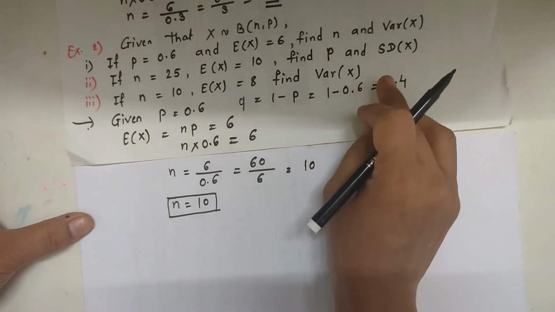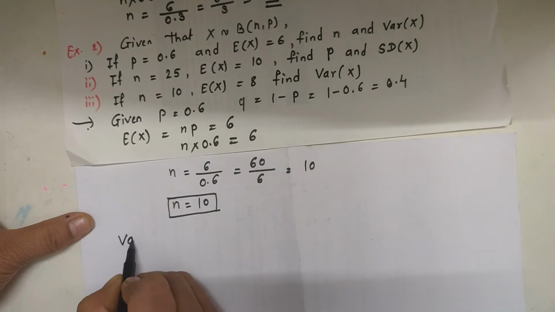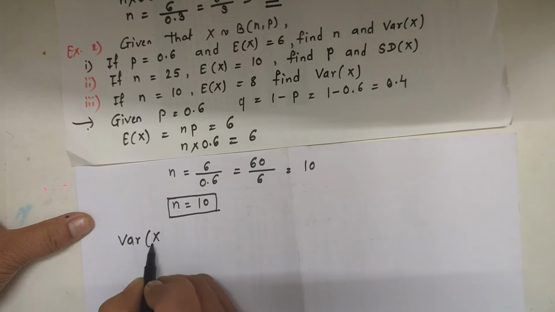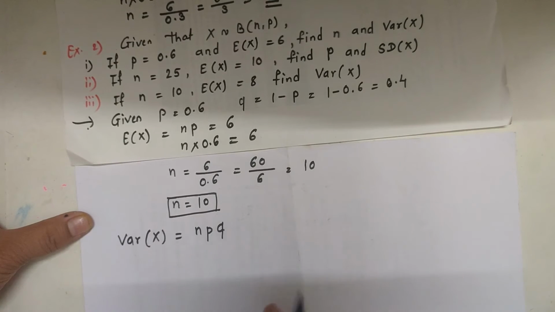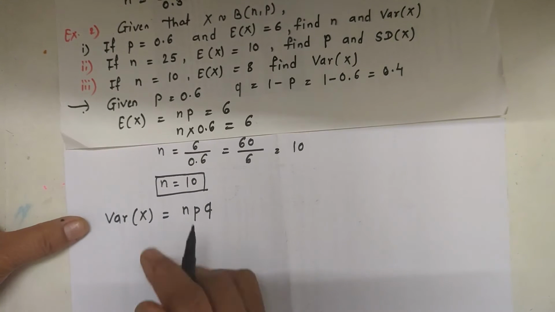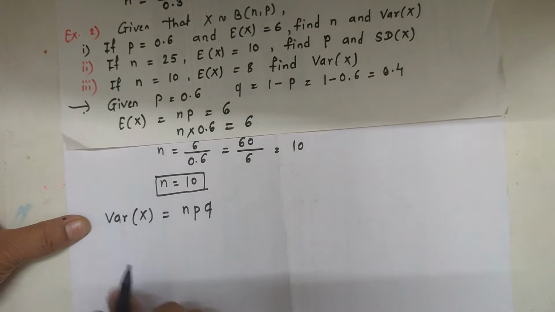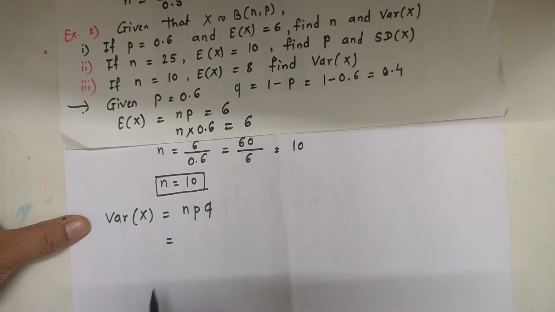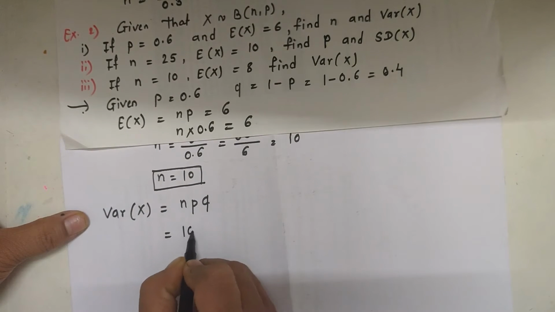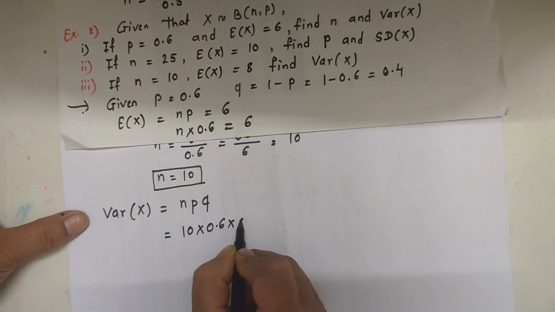Now we have to find the value of variance of x. We know the formula for variance of x is equal to npq. Here we have n is equal to 10, p is equal to 0.6, and q is equal to 0.4. So putting these values in this equation, we get 10 into 0.6 into 0.4.